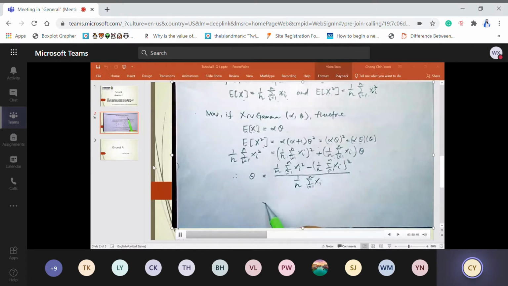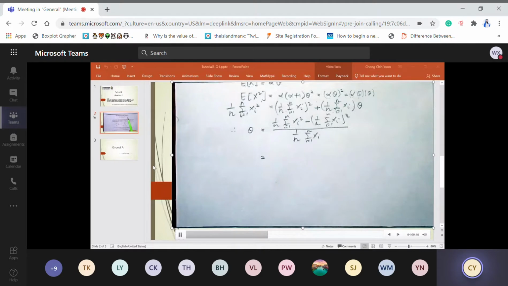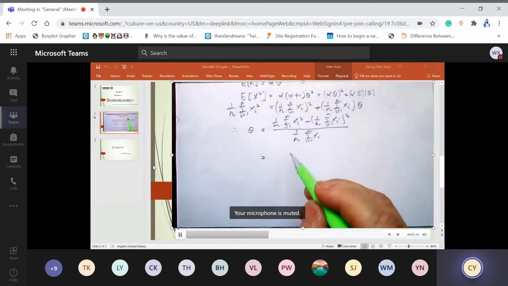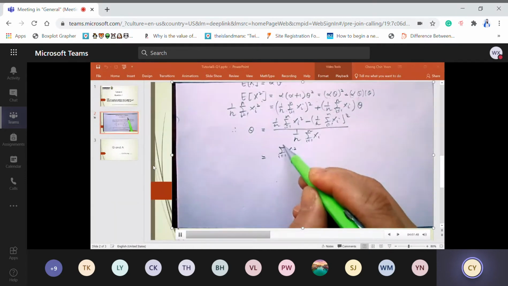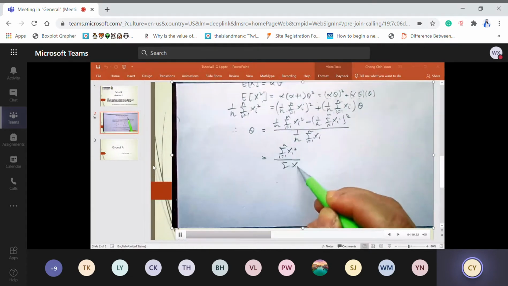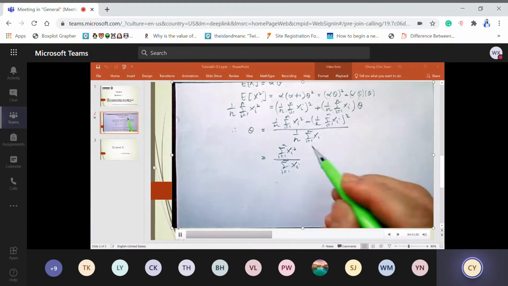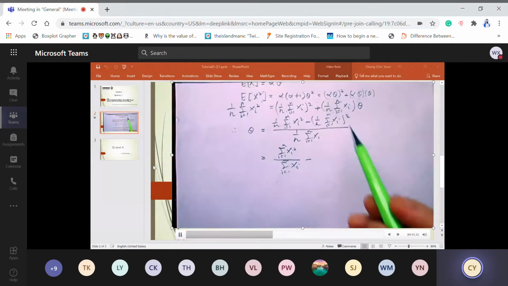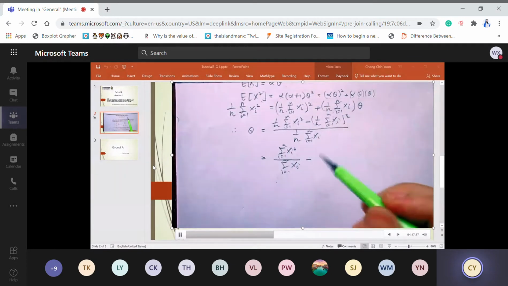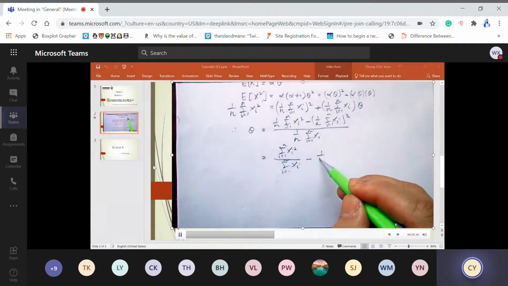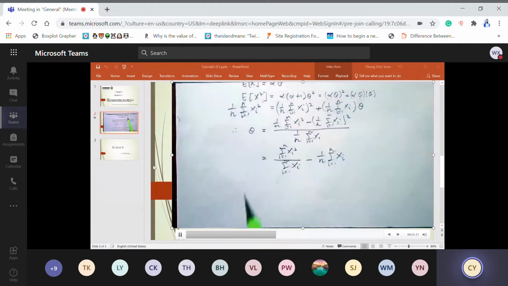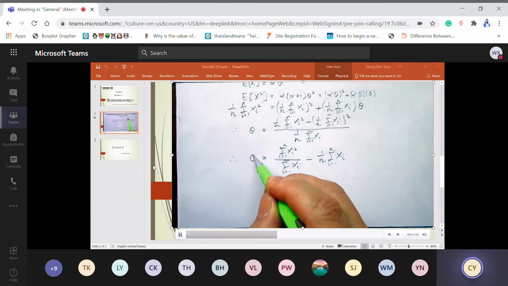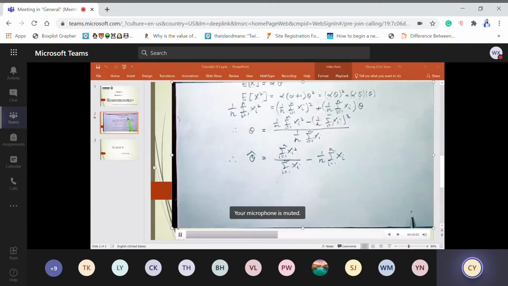So if we simplify this, we will have the summation of xi squared divided by the summation of xi, and minus this squared divided by this, which becomes 1 over n multiplied by the summation of xi. And therefore, this is our estimate of theta, and we prove the result.